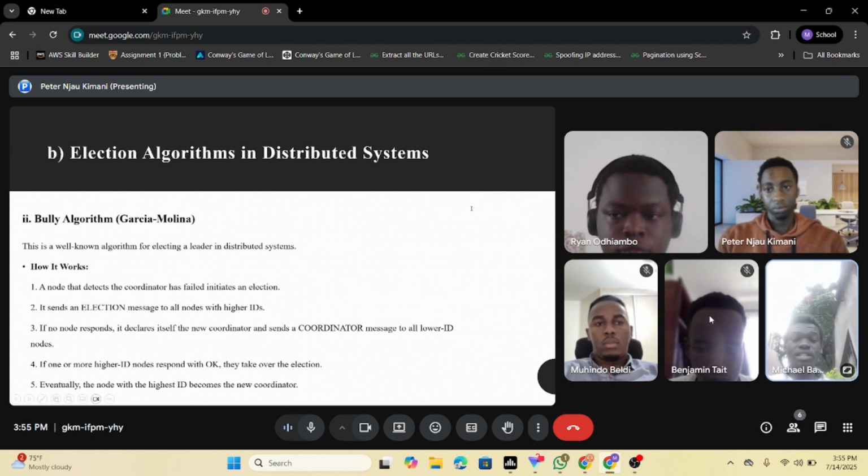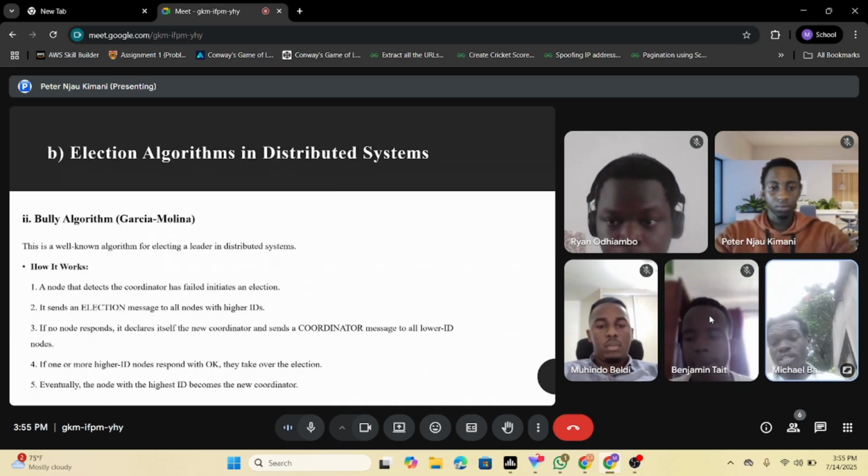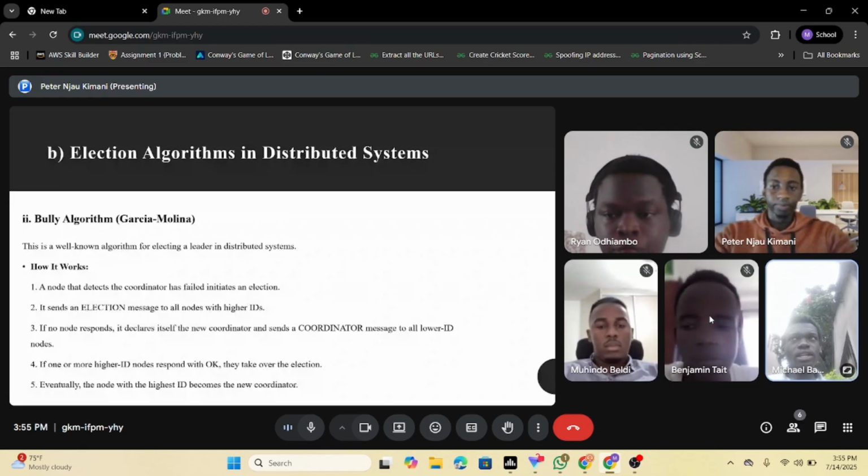Remember, all nodes must have an ID. Then if one or more higher ID nodes respond with okay, they take over the election. So option number 1 is when no node responds, so it declares itself. Option number 2 is when one or more of the higher nodes respond with okay, and they take over the election. Eventually, the node with the highest ID becomes the new coordinator.